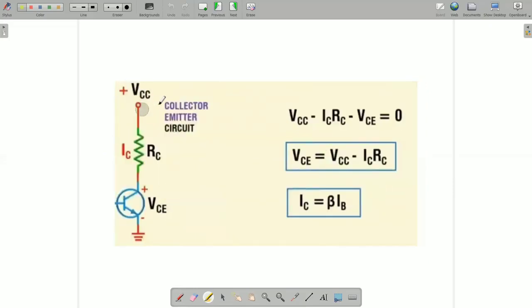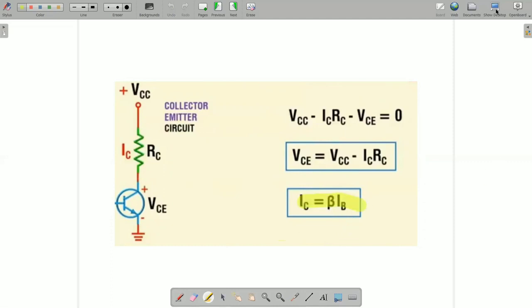Then for the collector emitter circuit, applying KVL, VCC minus ICRC minus VCE equals 0. So VCE is equal to VCC minus ICRC, and we know that IC is equal to beta IB.